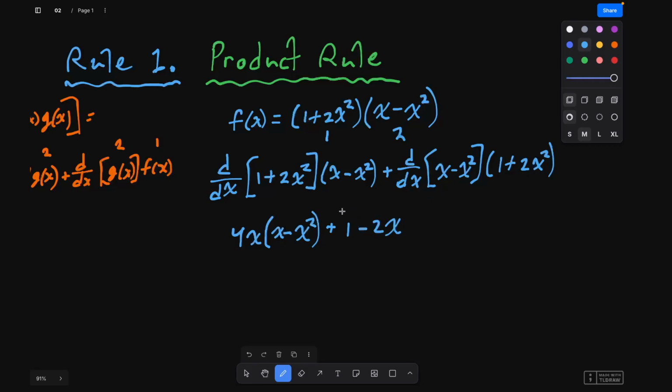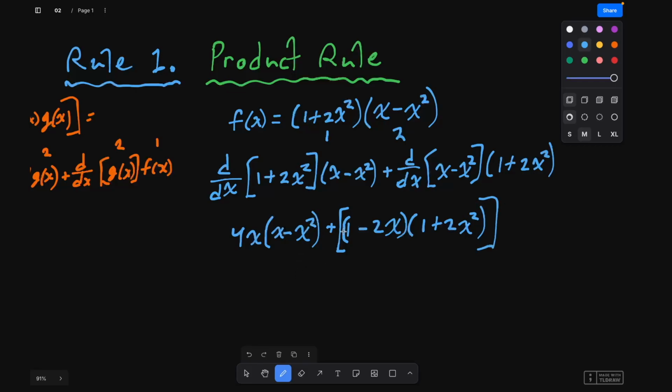And just to keep things organized, this whole right side is being added. So I'm going to put a bracket here, just so that we don't get confused that we're adding this entire thing. So we have the derivative of this multiplied by this term here. So we want to indicate that by putting parentheses around it, because it's being multiplied by this whole piece here, the 1 plus 2x squared.